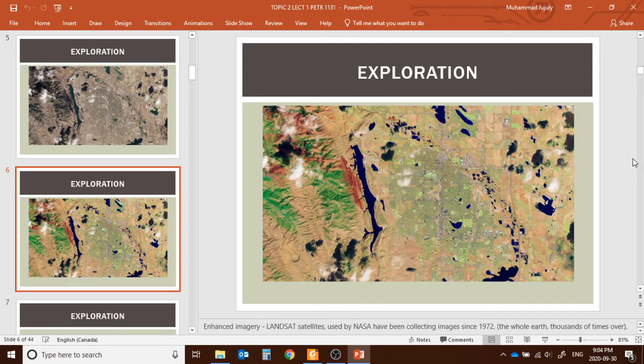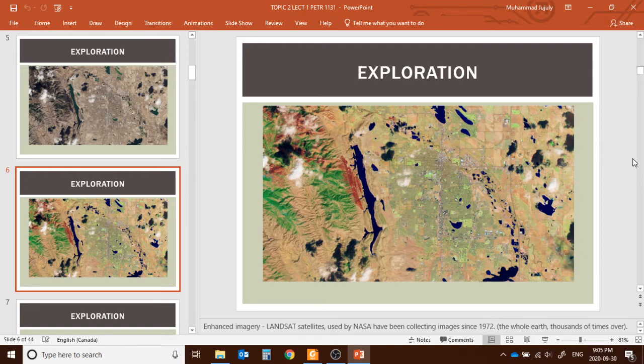Now NASA has lots of satellites, and for special satellites, especially for exploration for the oil and gas industry, the companies can submit a requisition for the image, and NASA will capture those images and sell them to these companies. So that's how it works.